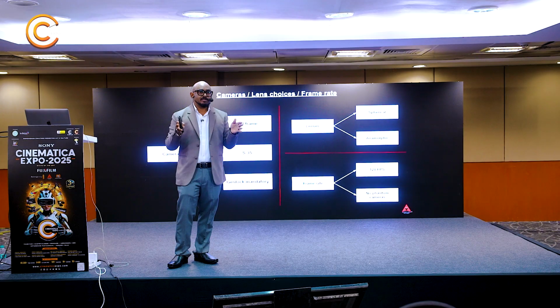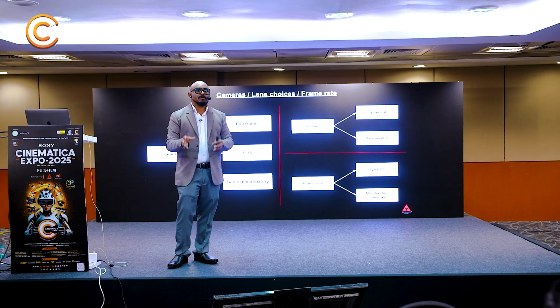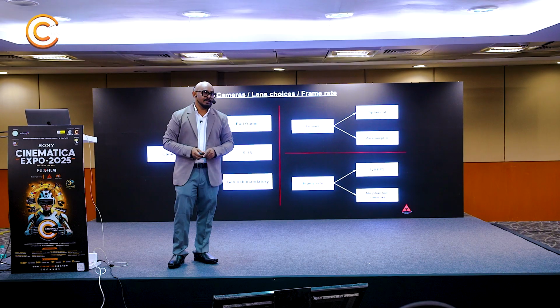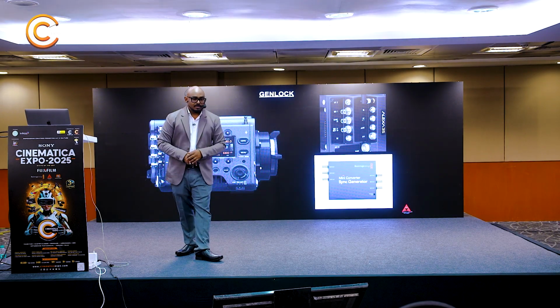If you let us make the wall smaller, you can shoot 120 fps, which means I can cover about 30 feet by 15 feet for those particular shots. On the back end, we push all the computing power to only one particular section of LED, so you will be able to shoot 120 fps. Genlock, I think I've shown you.